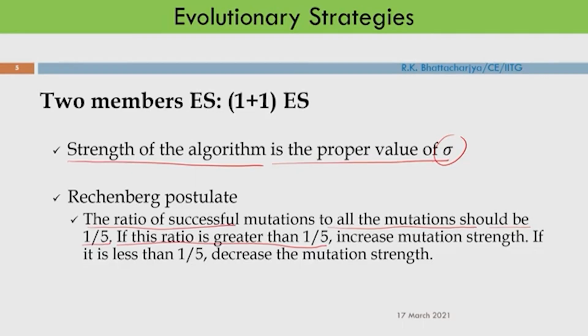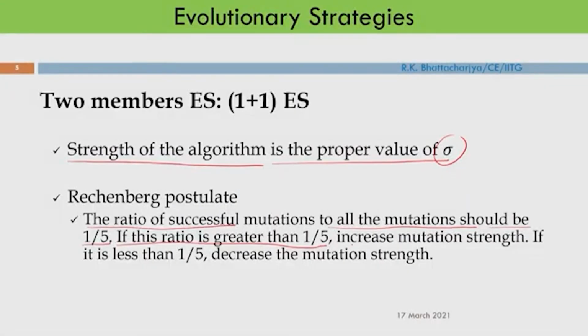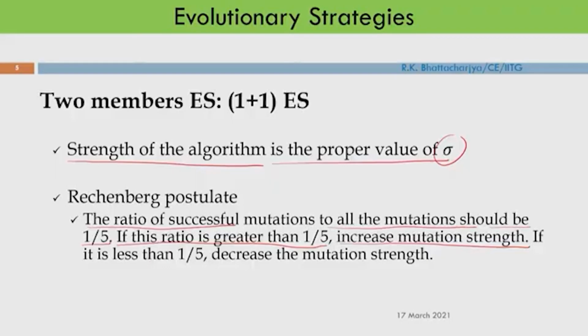In that case you are going towards the optimal solution and you increase your mutation strength, and if it is less than 1/5, that means you are not successful, that means you are not getting an optimal solution. If the ratio is less than 1/5, decrease the mutation strength.